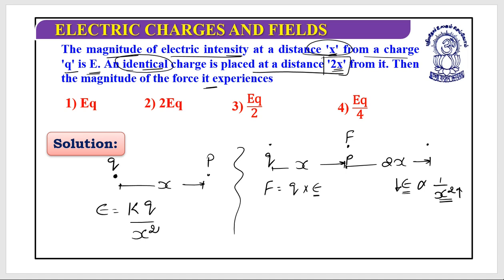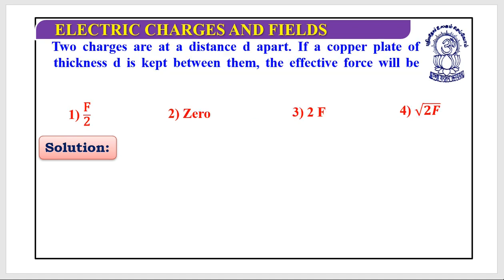So your electric field will be reduced, and the net force will be q into E divided by 4. As the distance is twice, the field should decrease by the square. What was your answer? Was it the same? Are you sure? Great job. Let's move to the next question.